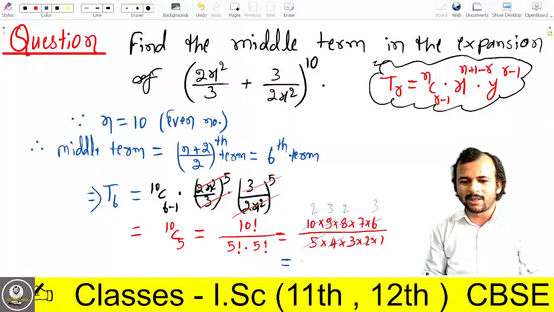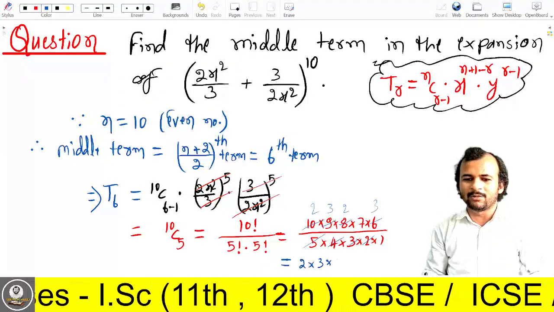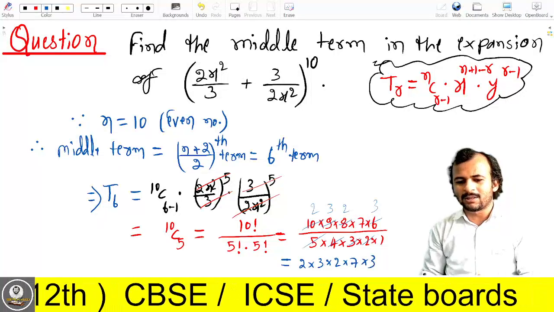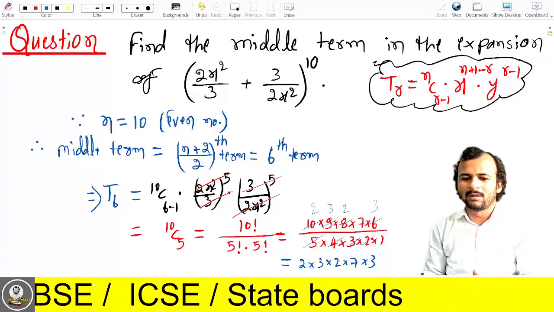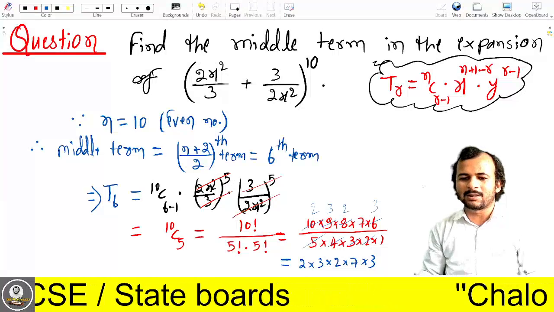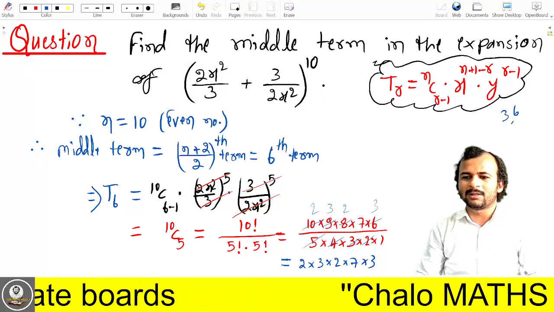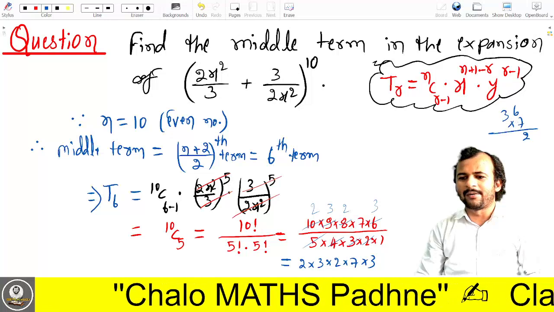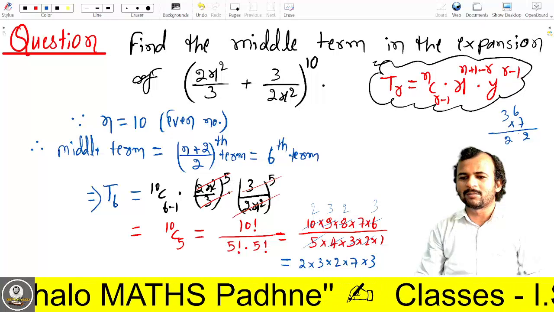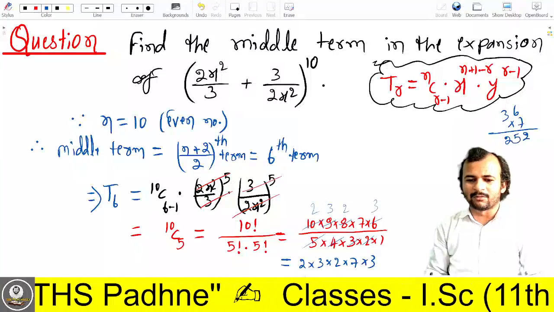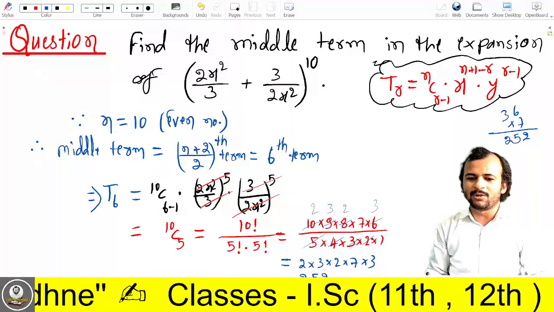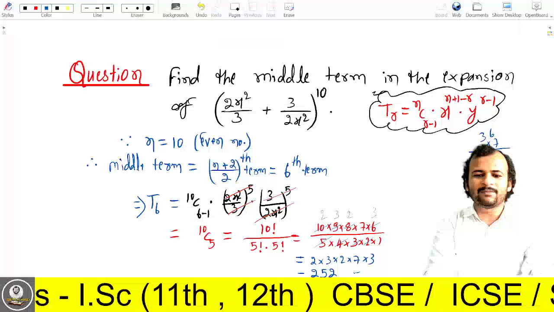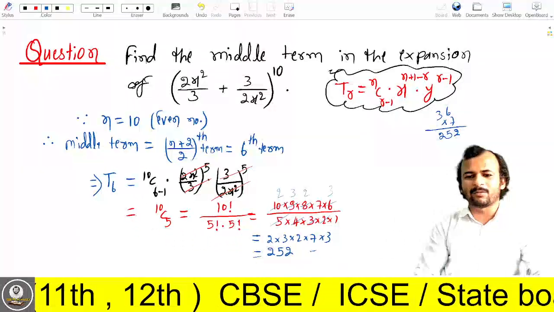Here we multiply 2 into 3 into 2 into 7 into 3. 2 threes are 6, 6 twos are 12, and 12 threes are 36, 36 into 7. This is 252. 252 is the right answer of this question. Okay, 252 is the right answer of this question.